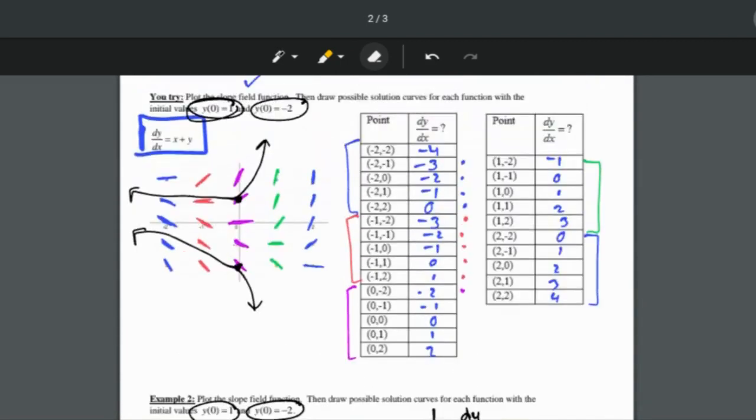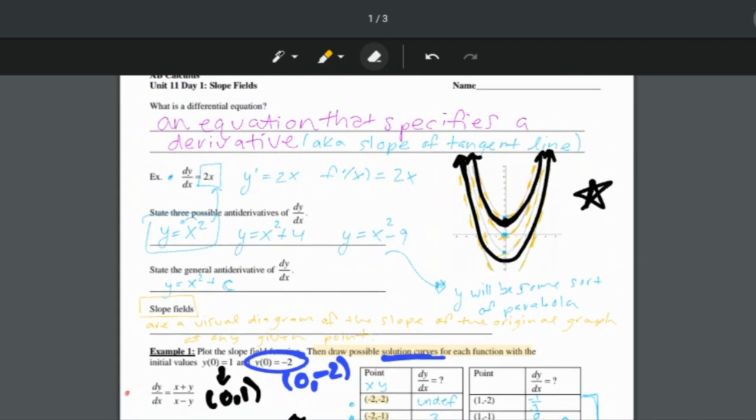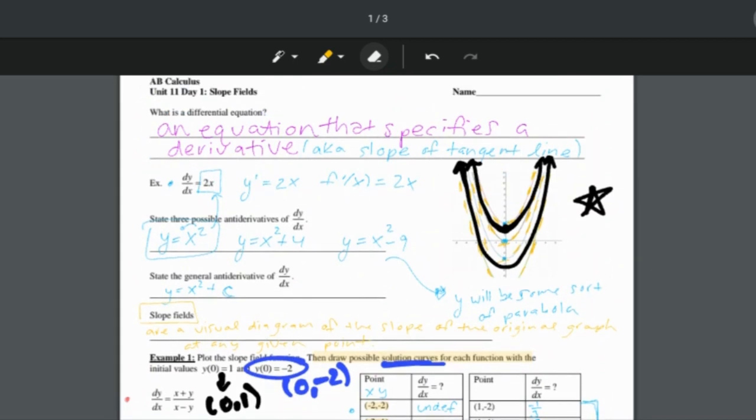If we go back up here, the slope fields, these mini orange lines right here, the slope field really resembles the original graph, right? In this case, it's not the derivative. If you remember the derivative, 2x, that graph would be a line. If you think the antiderivative, what was the original? The original is x squared.